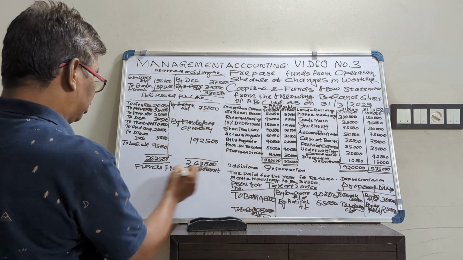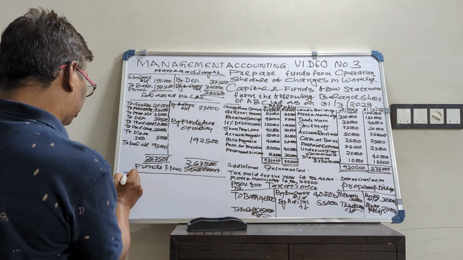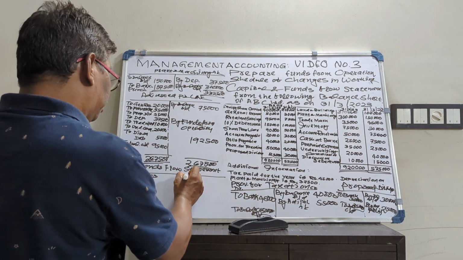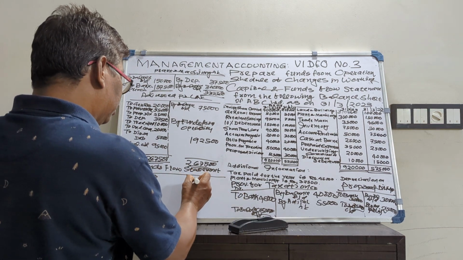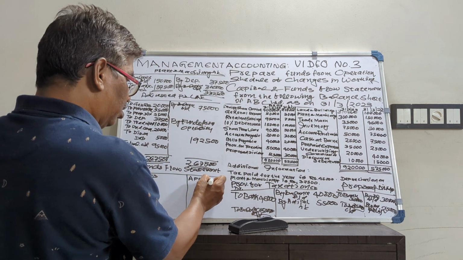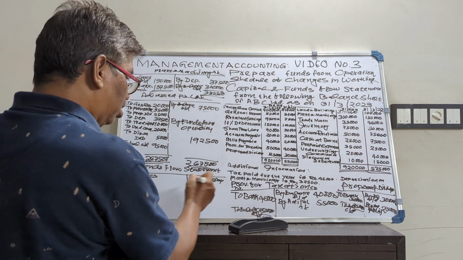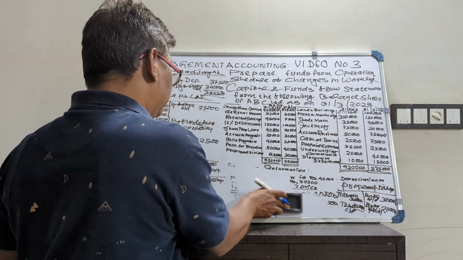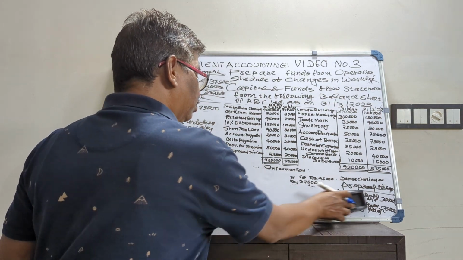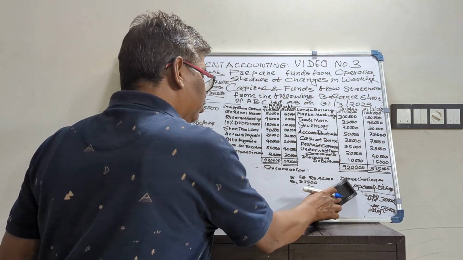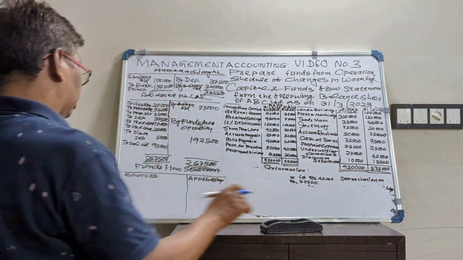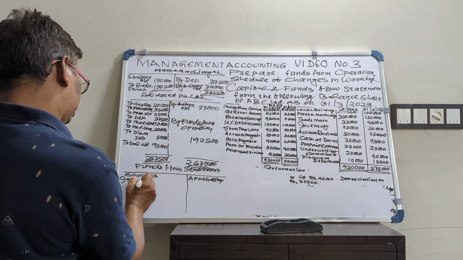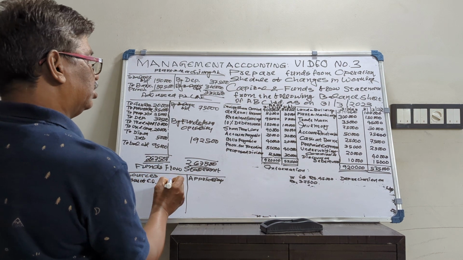31/3/2023 fund flow statement. So debit side write sources, credit side write applications. So under sources, issue of equity share to the extent of 2 lakh.